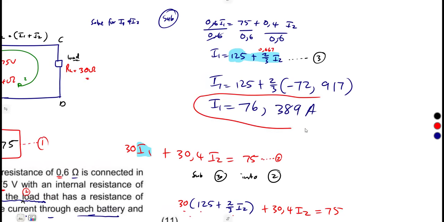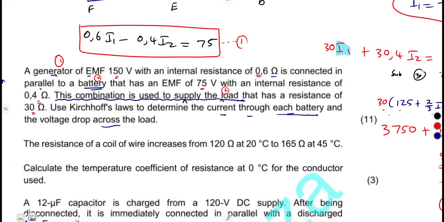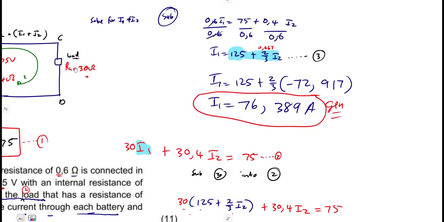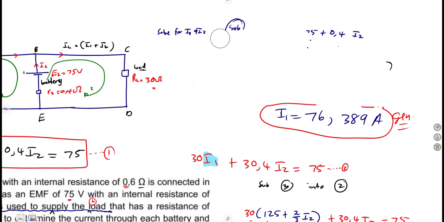This is from the generator, remember? The generator is actually supplying, being positive, it is the one that is supplying the current. Then to get the voltage drop across the load, you must calculate the current across the load, meaning we can utilize those currents that we have.